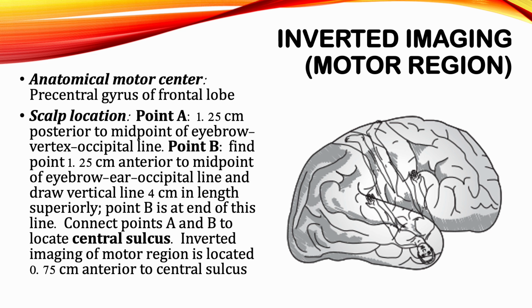Point B is located by finding the point 1.25 centimeters anterior to the midpoint of the eyebrow ear occipital line and drawing a vertical line 4 centimeters in length superiorly. Point B is at the end of this line. Connect points A and B to locate the central sulcus. The inverted imaging of the motor region is located 0.75 centimeters anterior to the central sulcus.